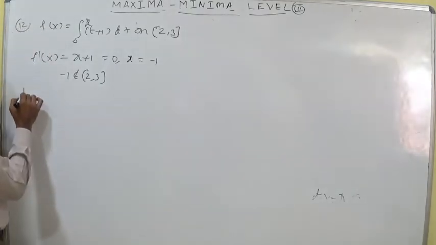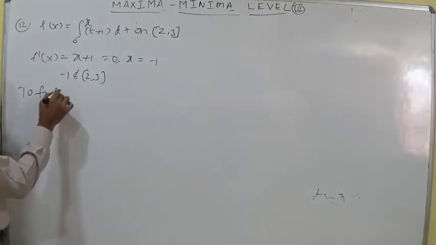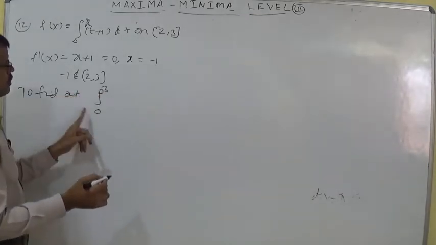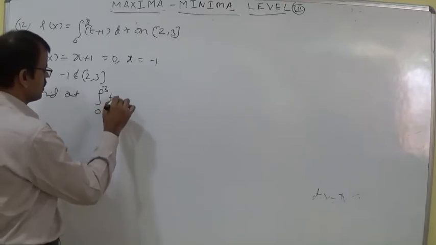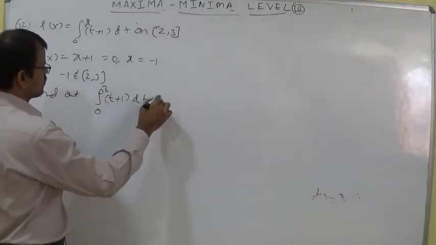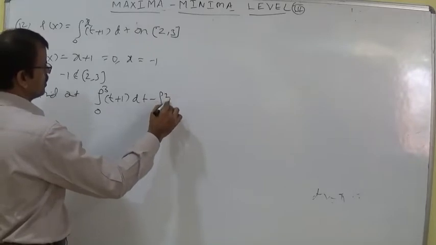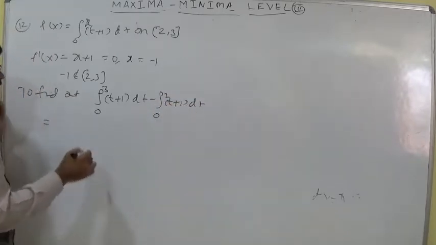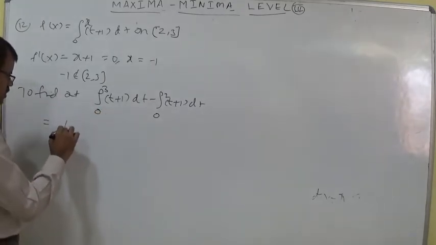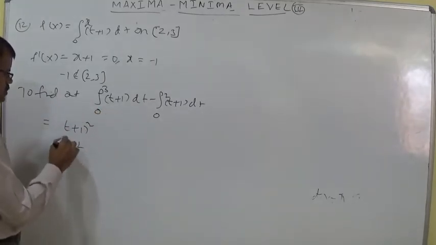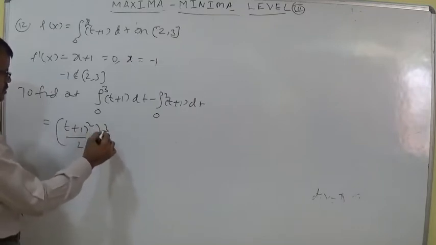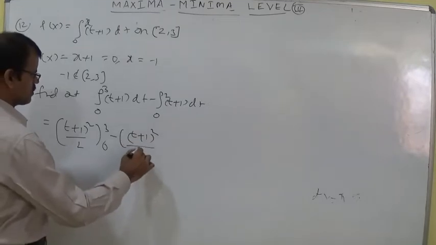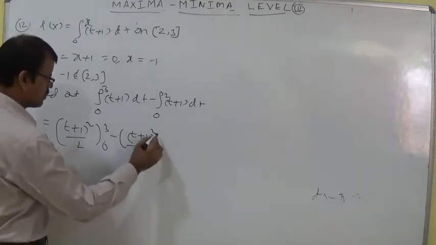Now, to find the difference between the min and max value, 0 is the lower limit and 3 is the upper limit. You write the integral of t plus 1 dt from 0 to 3 minus the integral of t plus 1 dt from 0 to 2. Using integration, t plus 1 whole square by 2 within the limits 0 to 3 minus t plus 1 whole square by 2 within the limits 0 to 2.